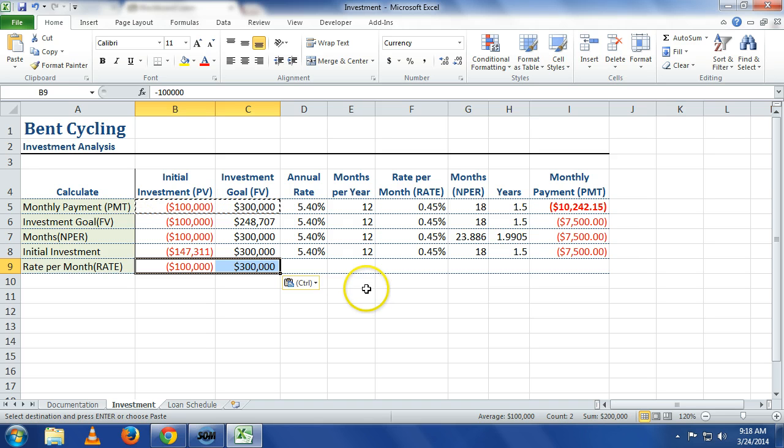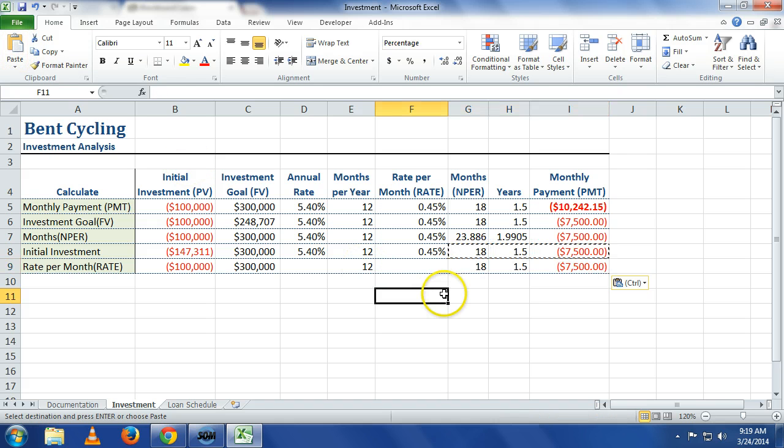I want to get to 300,000. Put in 12 in E9. And then copy G8 through I8 to G9 through I9.